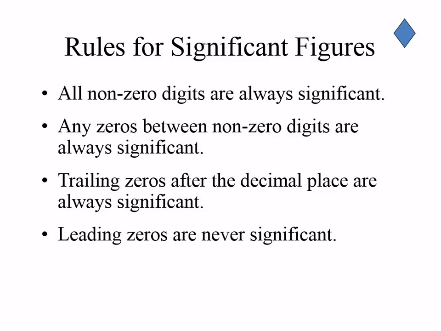Leading zeros are never significant. An example of that: here is a very small number. Rule number 4 deals with small numbers. In this case we have a point, and I usually put a 0 there.